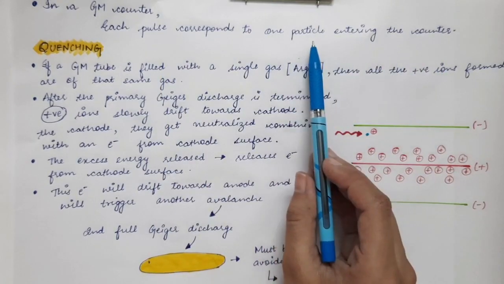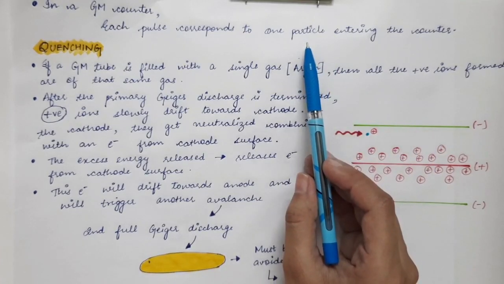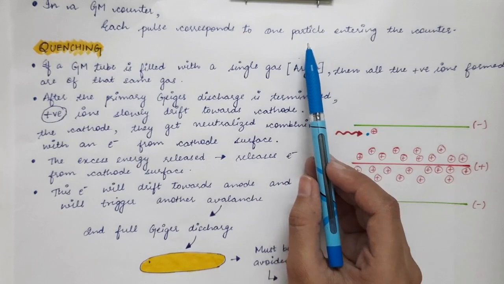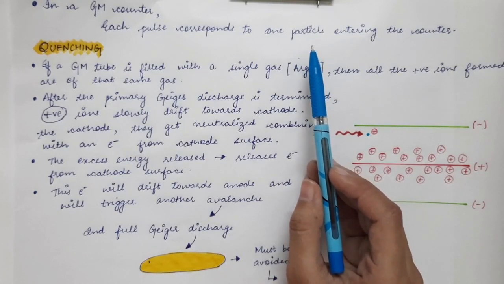So if one ionizing particle enters the counter, it ionizes the gas molecules. It will form an electron and the corresponding positive ion.